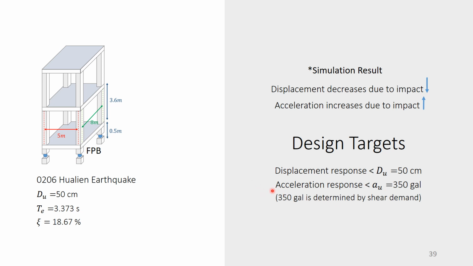And the acceleration response has to be less than AU, which is 350 Gauss. The 350 Gauss is determined by the structure's shear demand. Once the acceleration response exceeds 350 Gauss, the structure may be endangered.